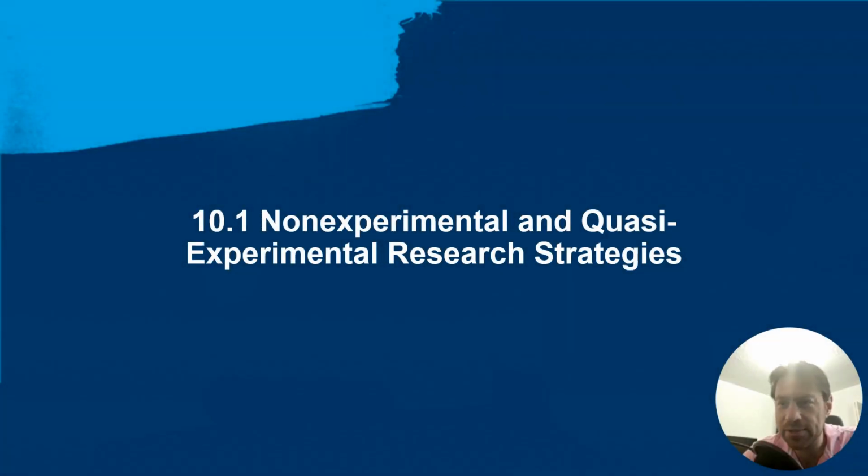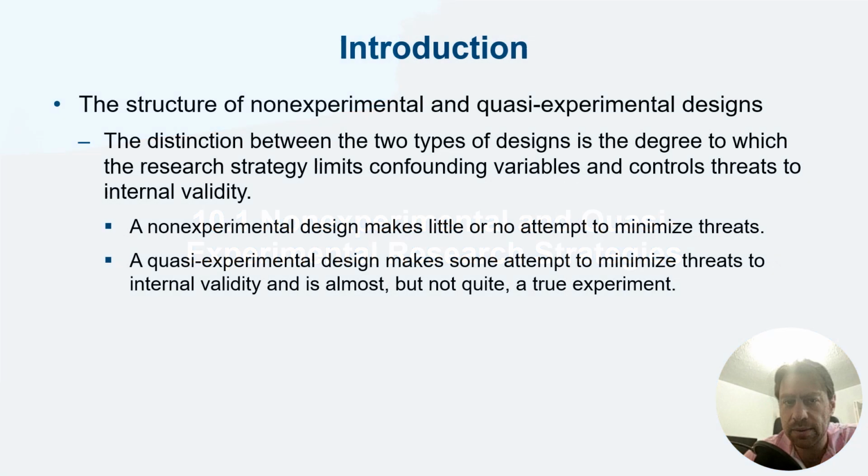All right, this is section 1 of chapter 10, in which we will discuss the properties of non-experimental and quasi-experimental research strategies. All right, so in chapter 6, we identified 5 basic research strategies, and those were experimental, non-experimental, quasi-experimental, correlational, and descriptive.